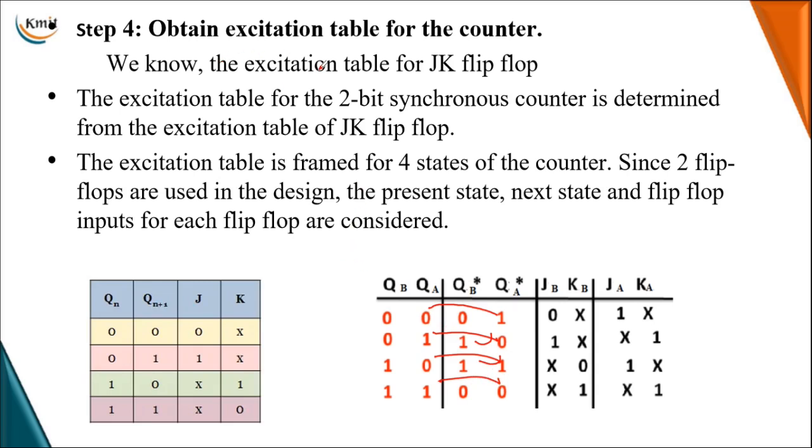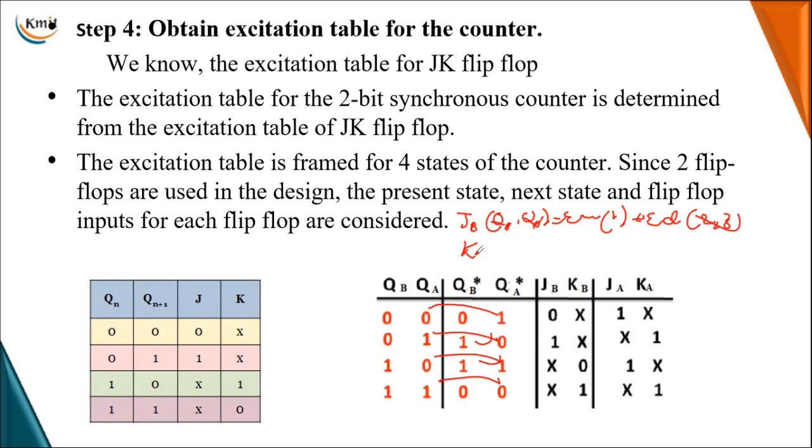Upon writing each excitation input in its standard SOP form as a function of the present state, QB and QA, I can write JB as sigma m of 1, with don't cares on 2, 3.